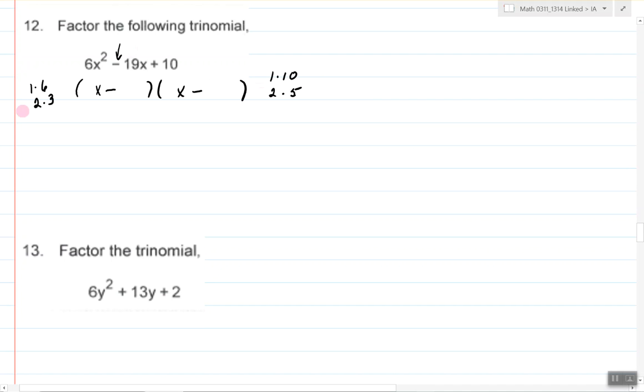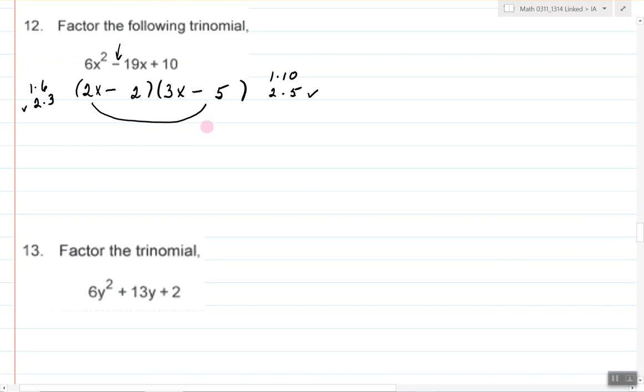So I'm going to start with 2x and 3x, and I'm going to start with 2 and 5. Now, these 2 and 3 I'm going to anchor. I will not change their positions. I'm going to try the 2 and 5, and if that doesn't work, I will switch it to 5 and 2.